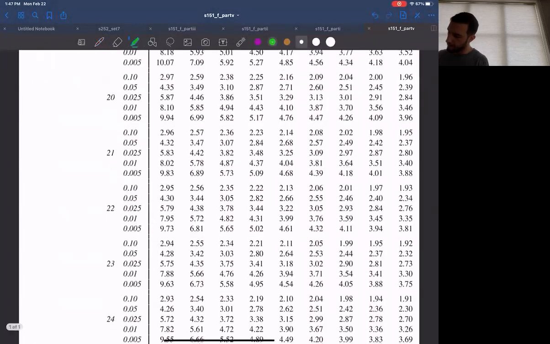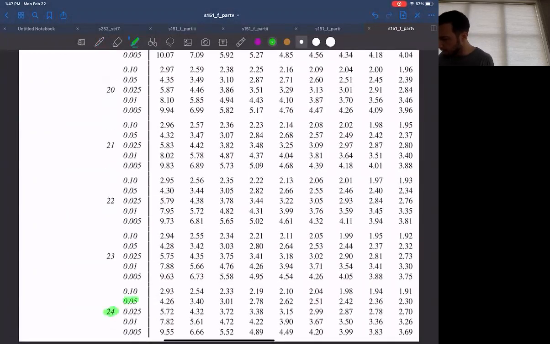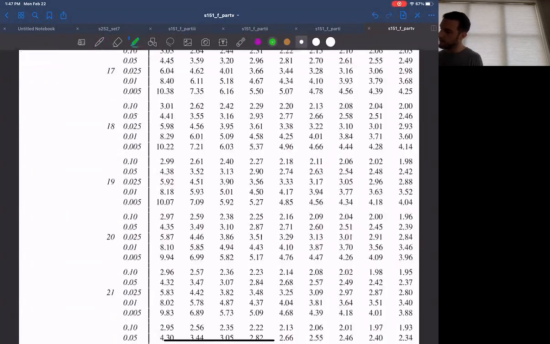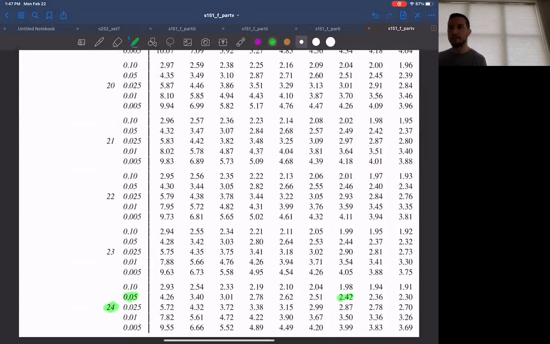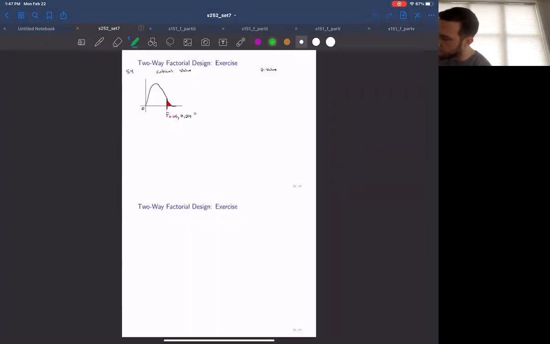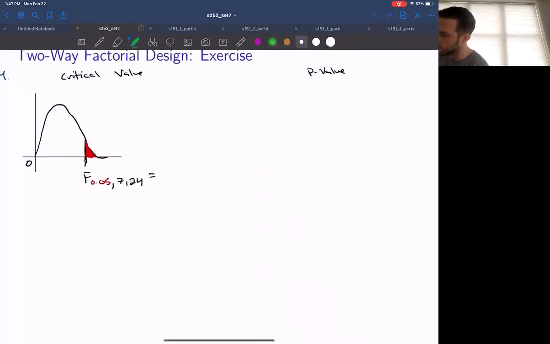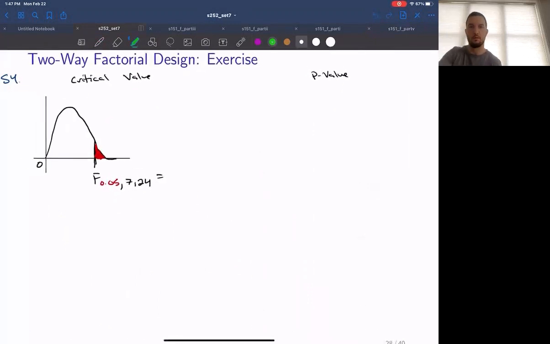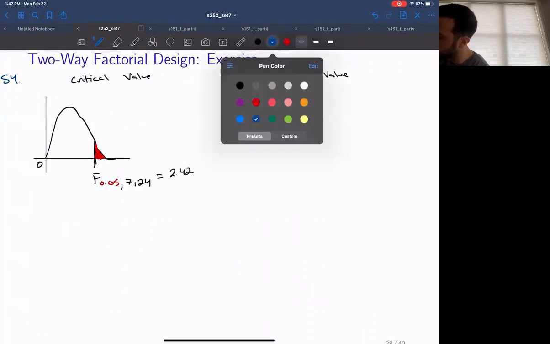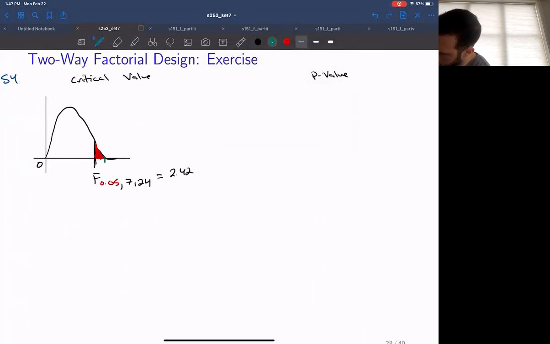Our second degree of freedom is 24. We have 0.05 here. So then we go to our third column, and that's 2.42. So our critical value for this test is 2.42. Okay, and then we can clearly see in this case that the test statistic is very far into the tail here.